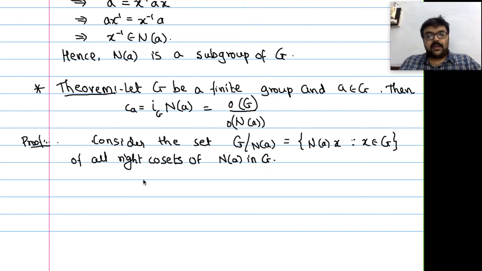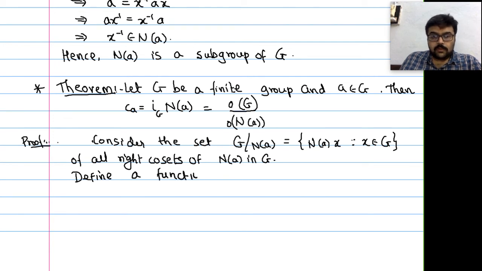Right, and now we define the function, not relation, define a function phi from this G quotient N(A) to C(A).